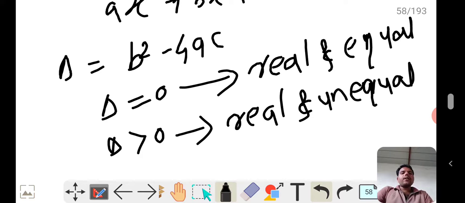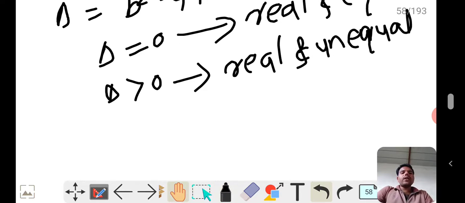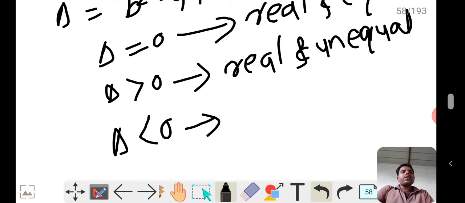And at last, if the delta value, that is b square minus 4ac value, is less than 0, that is negative, then we can say the roots are not real.